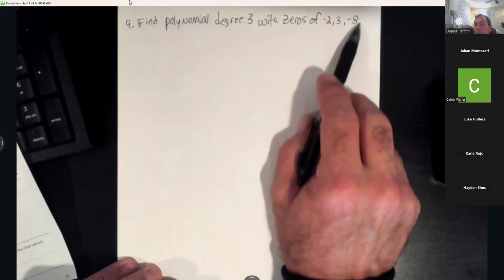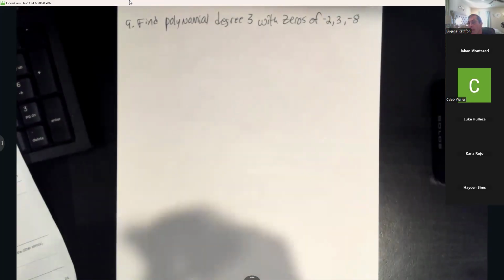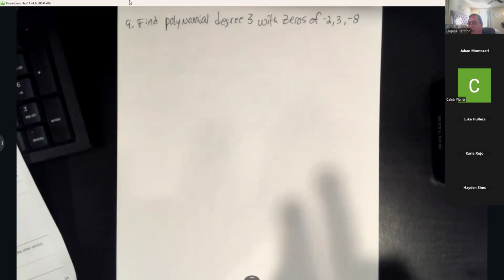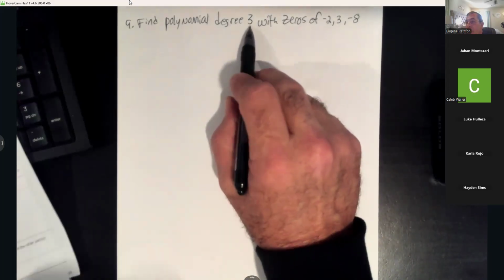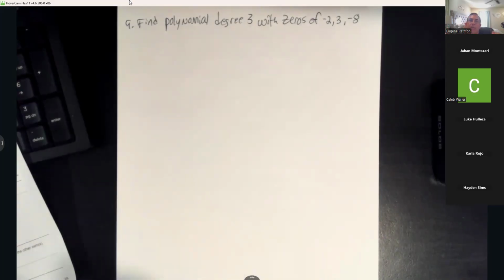So y'all, this is the one where I started with the zeros and worked in reverse by FOILing eventually to come up with my polynomial. Now they said degree 3, so my highest exponent on this has to be a 3 when I'm done, okay?